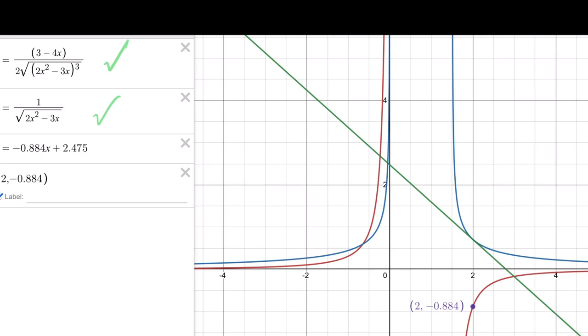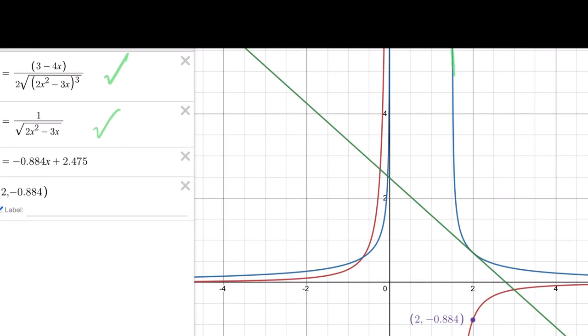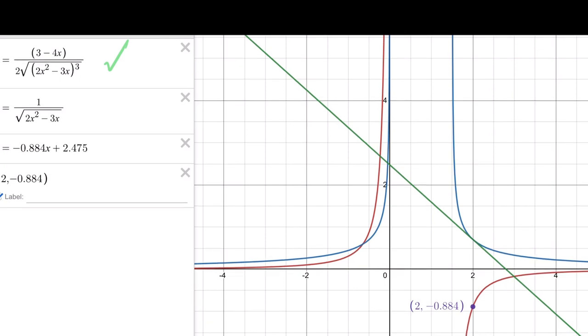But anyway, this blue graph here, which is now a little bit green, is the original function. The red graph is the graph of the derivative. So the graph of the derivative means that this is the graph of the gradient of the blue graph at every point of x.